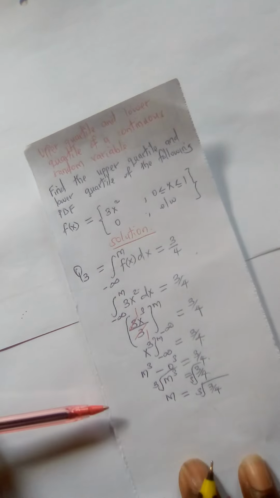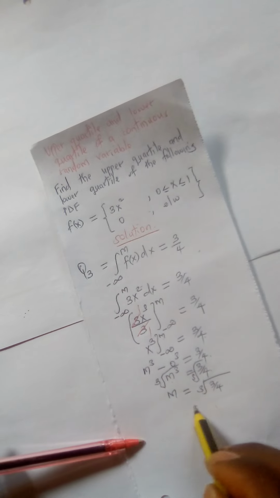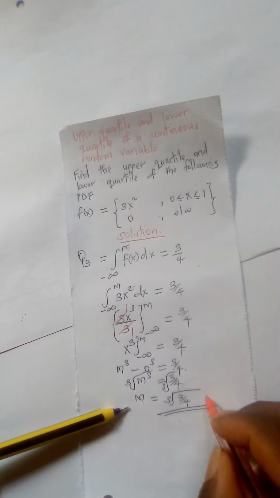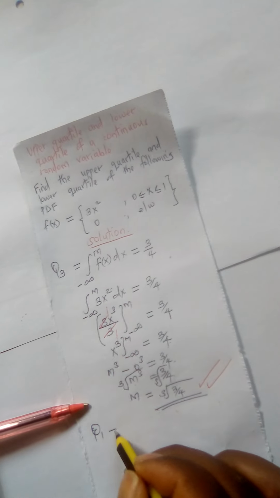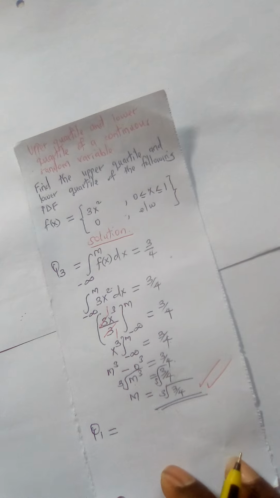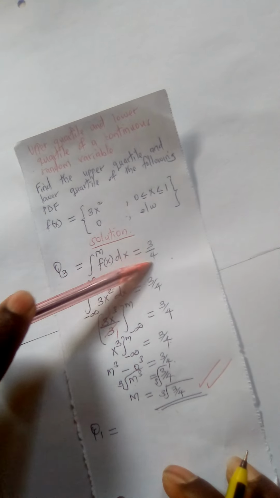Now that is Q3. Now let us look at the second case of Q1. And what is Q1? Q1 is the lower quartile. Now let us look at Q1. And since I told you that the difference is very small, just substituting 3/4 with a quarter only, the rest are just the same.